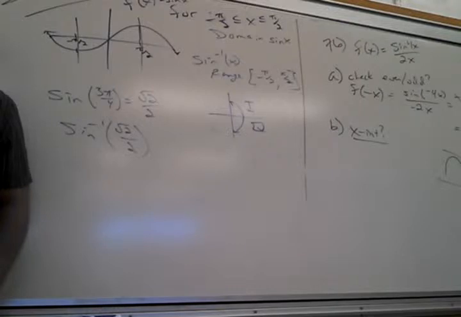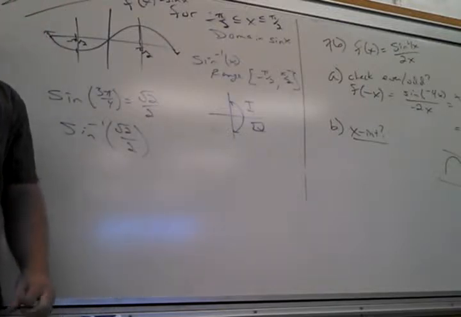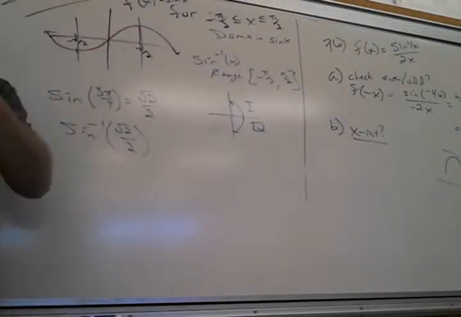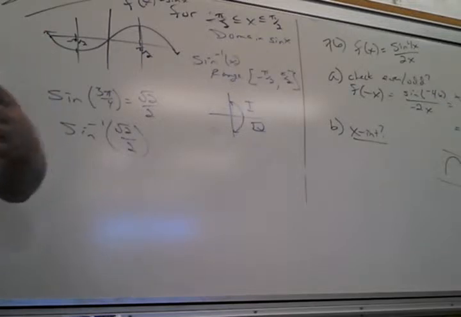The outputs of every inverse trig function, even the ones where I don't have to worry about cutting the domain, will be, in some sense, a reference angle. If you're lucky, it'll be exactly what you want.